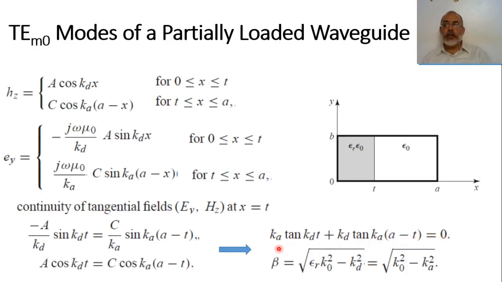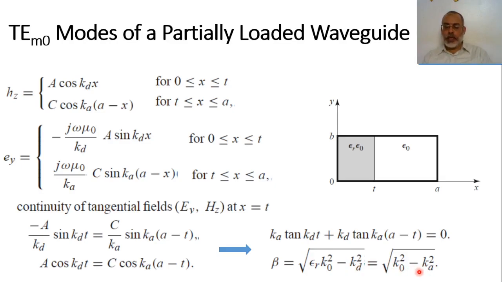This is the characteristic equation of the partially loaded waveguide, and the relation between ka and kd can be obtained from beta. Beta equals the square root of epsilon r k naught squared minus kd squared, and also equals the square root of k naught squared minus ka squared.